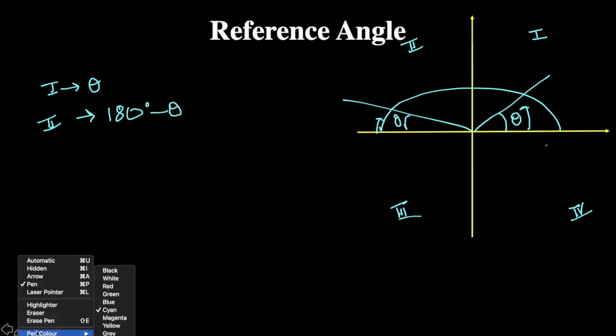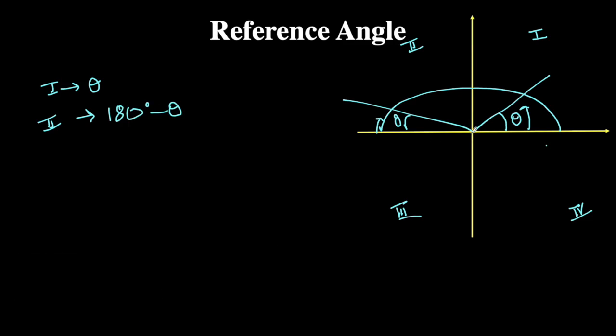Similarly, you will get a third angle from here. Let's say this is also theta. So what is the reference angle with respect to this theta? It will be 180 plus again theta. So in the third quadrant we have 180 degrees plus theta.